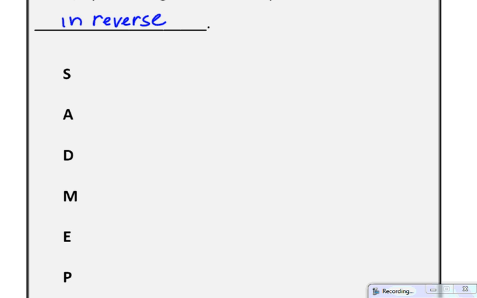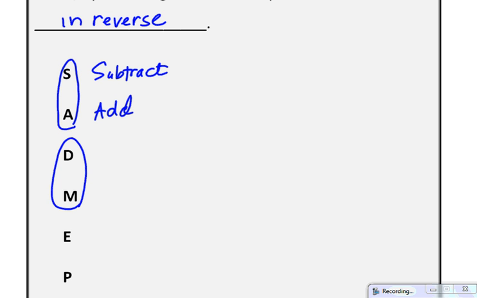The first thing we're going to do when we're undoing is to undo either the subtract or the add. Those are the same situation. Once that's been done, the next thing we want to do is undo either the dividing or the multiplying that's there.